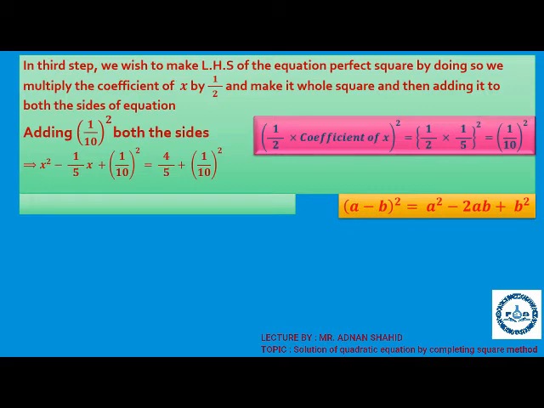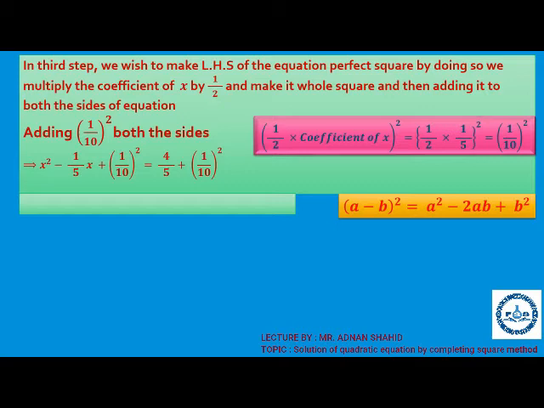So by adjusting the third term, the procedure is, look here in the pink box, 1 upon 2 multiplied by coefficient of x, into whole square. So what is the coefficient of x? The coefficient of x in the equation is 1 upon 5.